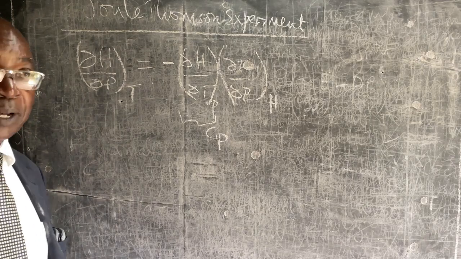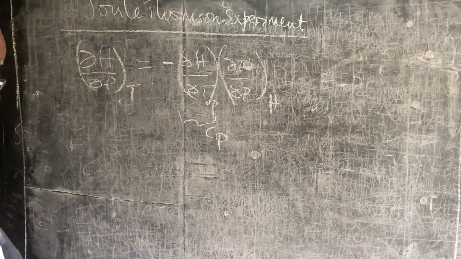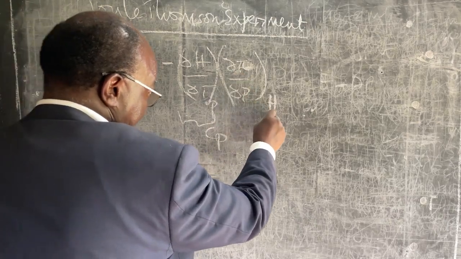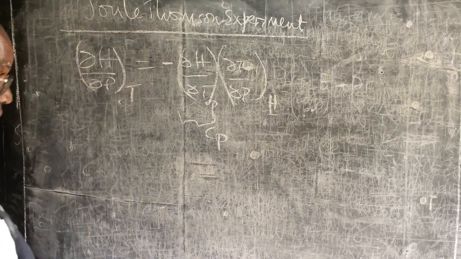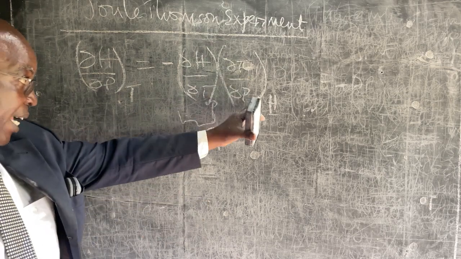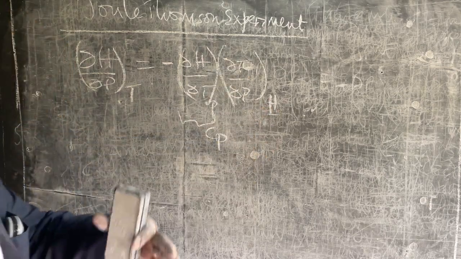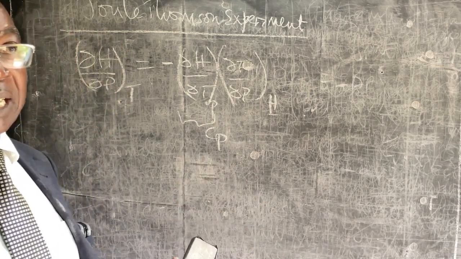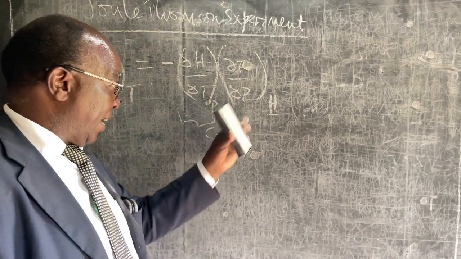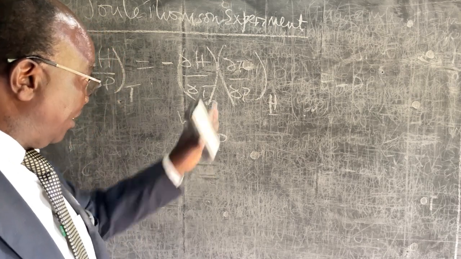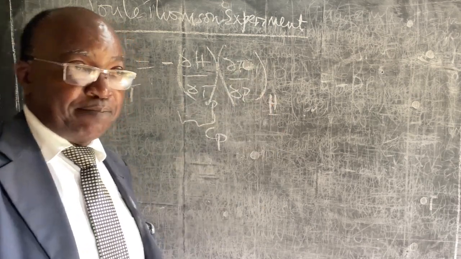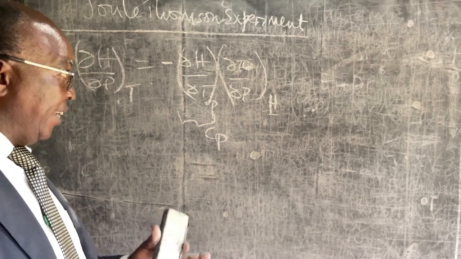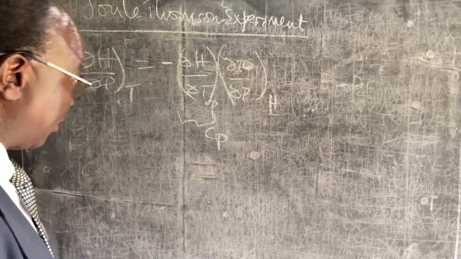We have already come across that severally in all the previous lectures. Now we have this expression del T, del P, constant enthalpy. That is the change in temperature with pressure at constant enthalpy. If you look at that expression, the variables in there are very easy to measure. You can measure temperature, you can measure pressure very easily. But doing that under constant enthalpy is the basis of this particular experiment.